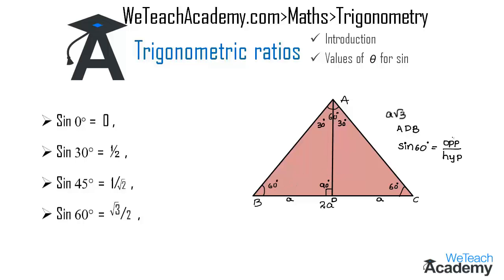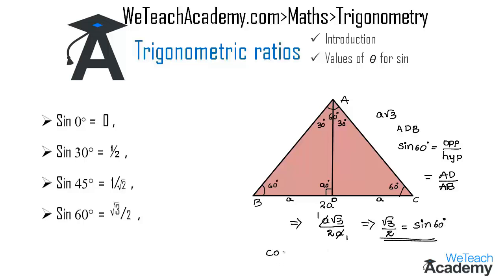The side opposite to the angle 60 is AD. So we get AD by AB. And AD becomes the height of the equilateral triangle, which is A root 3. So substituting the values of AD and AB, we get A root 3 by 2A. By simplifying, A one time is A and A one time is A. So we get root 3 by 2 as the value of sin 60 degrees.